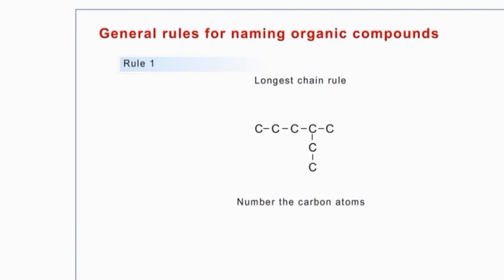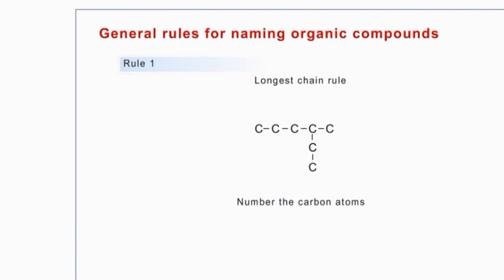So how do we number the carbon atoms? If you want to assign a number to a carbon atom, you must count the carbon atoms of the carbon chain in a particular way. So that's what we are looking into.